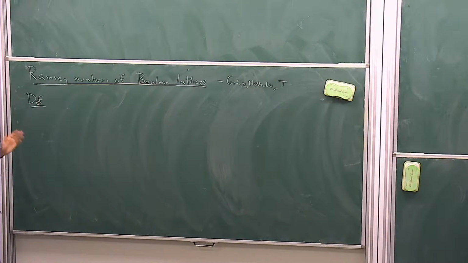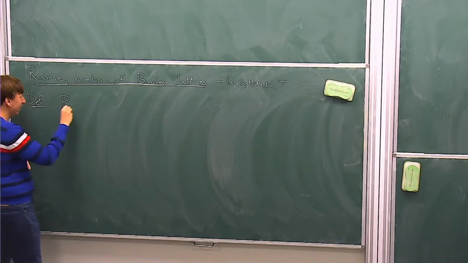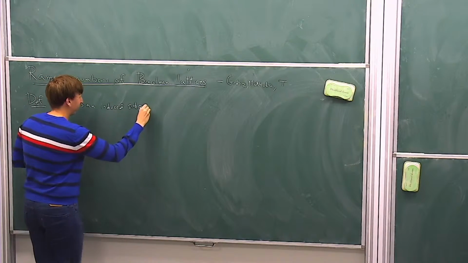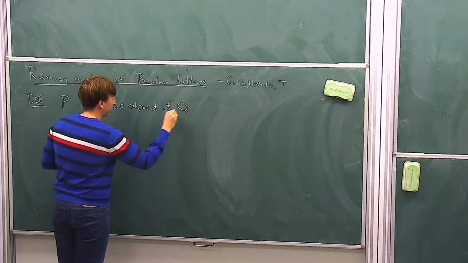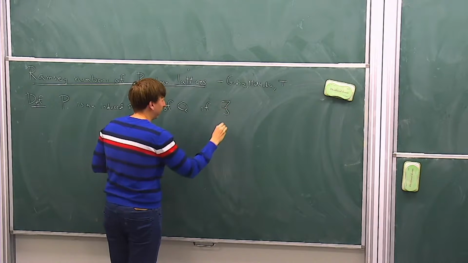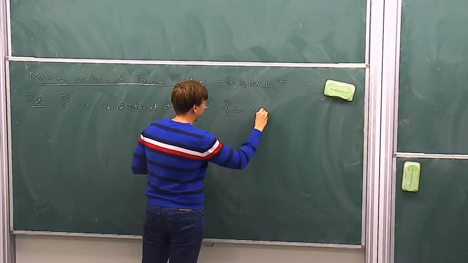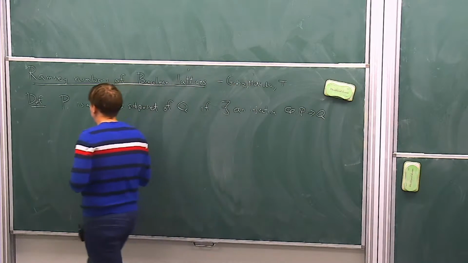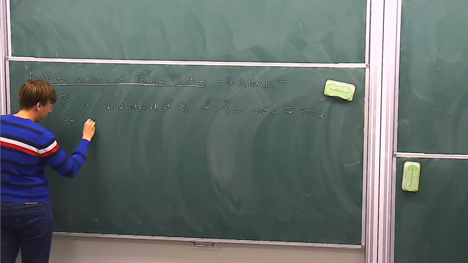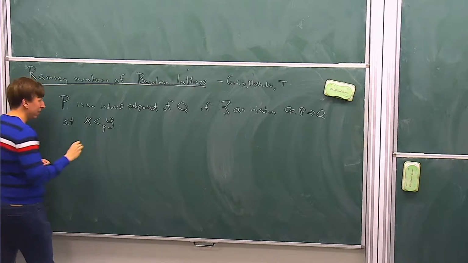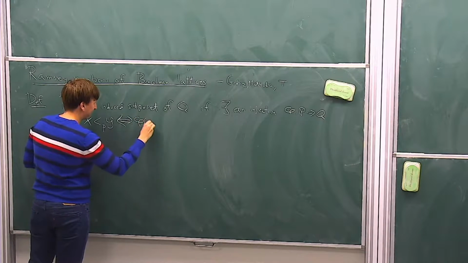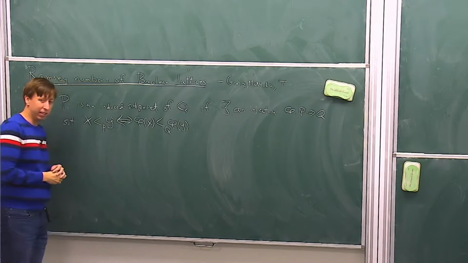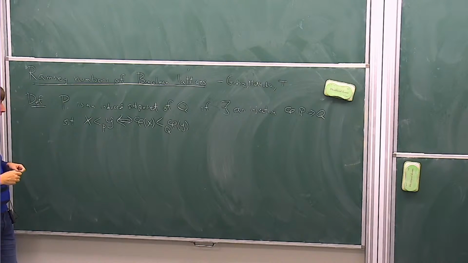So in the poset setting, we say that a poset P is an induced subposet, some people just call it a subposet, of Q if there exists an injection phi mapping P to Q such that X is less than Y in P if and only if phi(X) is less than phi(Y) in Q. So it's a kind of injection preserving relations in both ways.